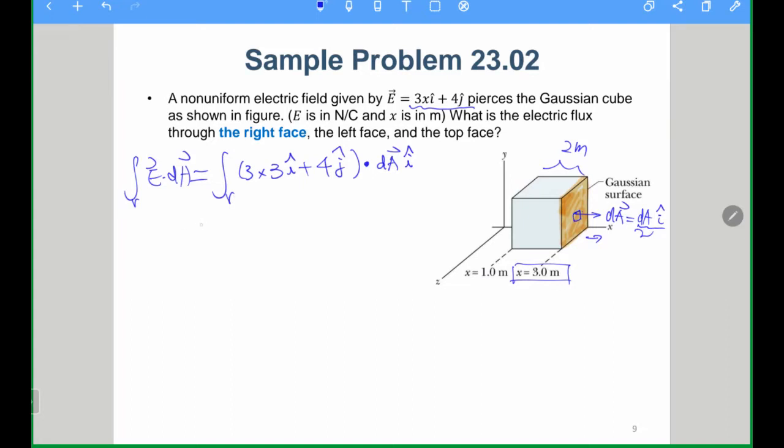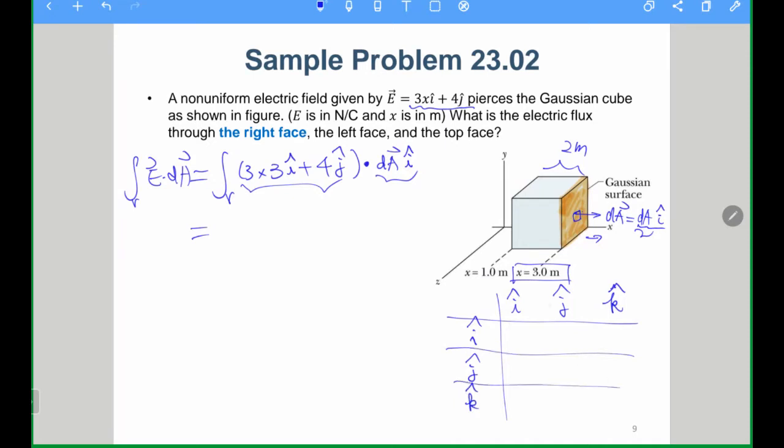Of course, this is a vector, and then we calculate the dot product. Maybe I have not mentioned the dot product for the unit vectors in Cartesian coordinates. But this is pretty simple, and if your mathematics is good enough, you should already know it well.